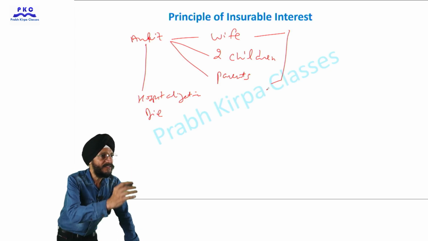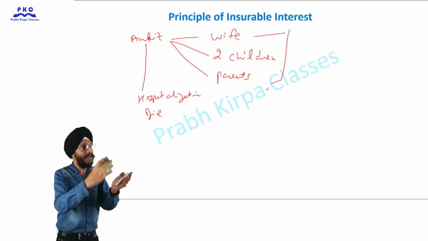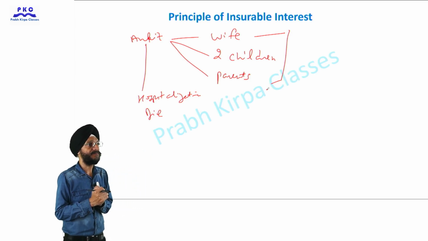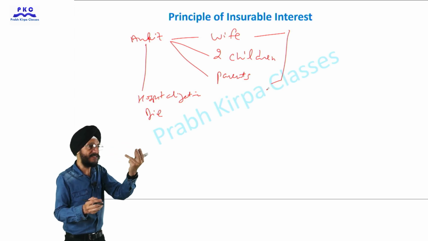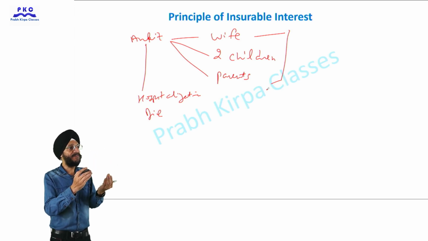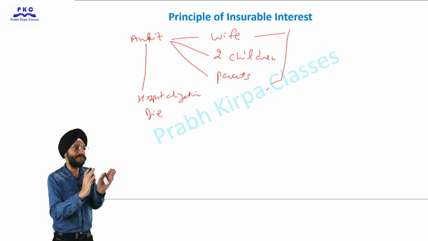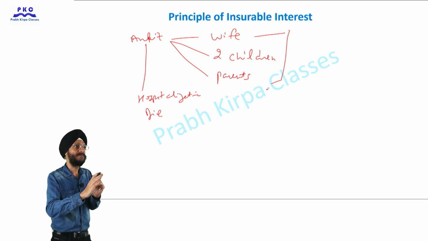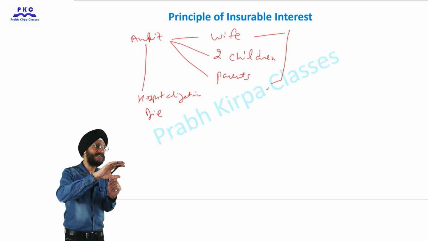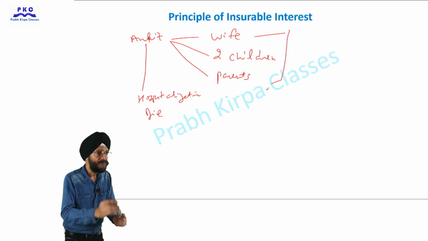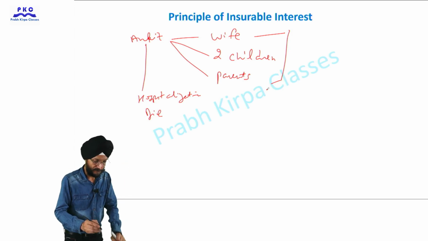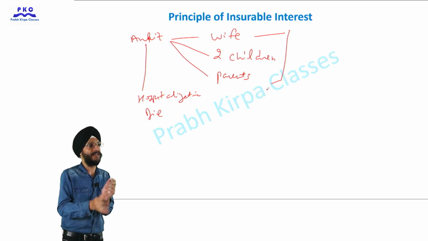So Ankit is concerned with the well-being of his family members. Ankit stands to benefit if his wife, his children, and his parents are okay, and he stands to lose if any untoward incident happens with his family members. So we can say that Ankit has insurable interest in respect of his wife, children, and parents.